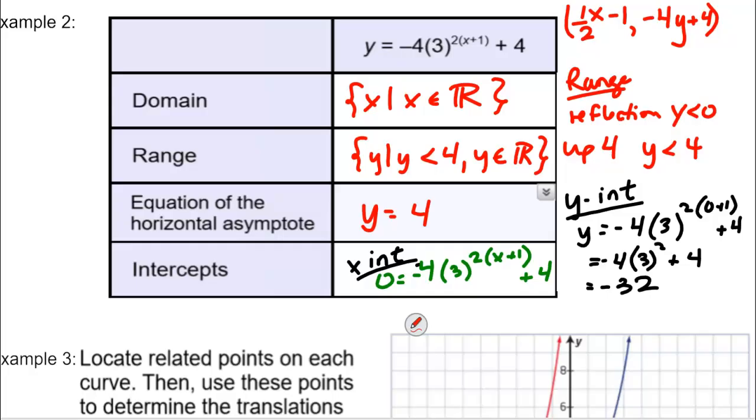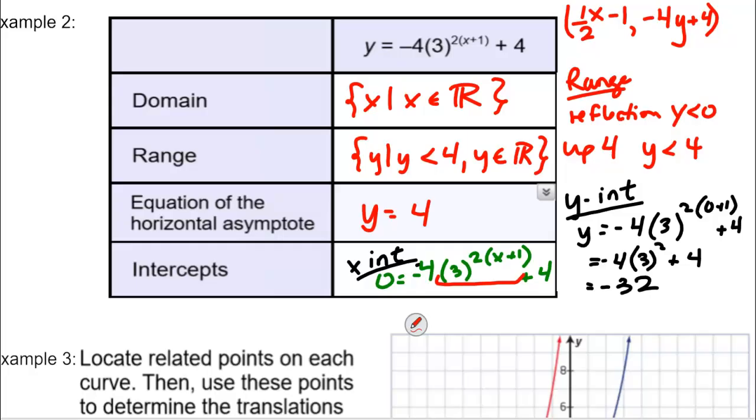And we do have this base of 3 to the power, that's being multiplied by -4. So essentially, if that underlined red spot equals 1, then y is equal to 0.